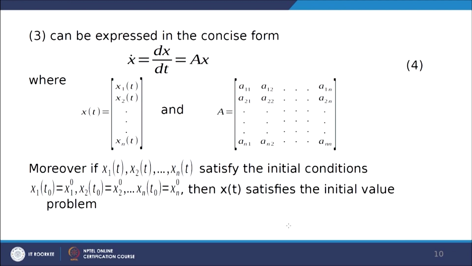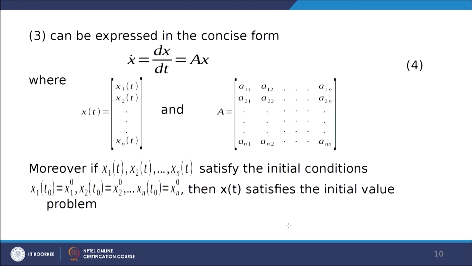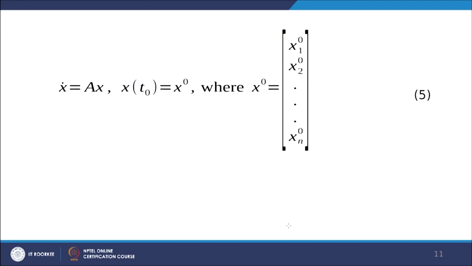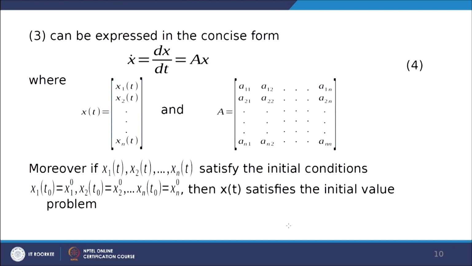Now, this system, which we are writing as equation 3, can be expressed in a concise form. If n is very large, it will be very cumbersome to write these equations, so we can write them in a concise form using vector notation.